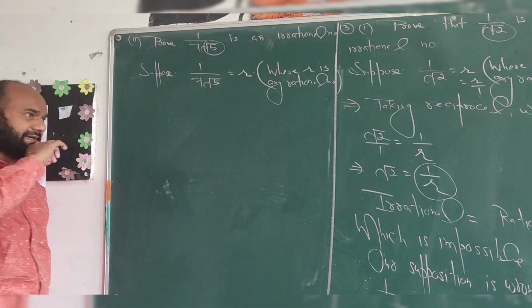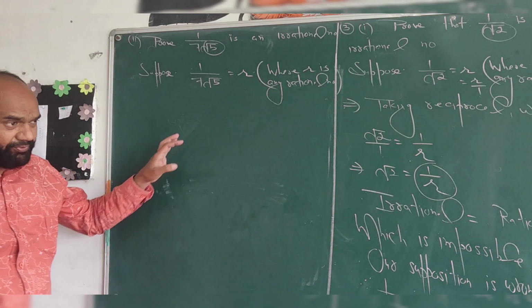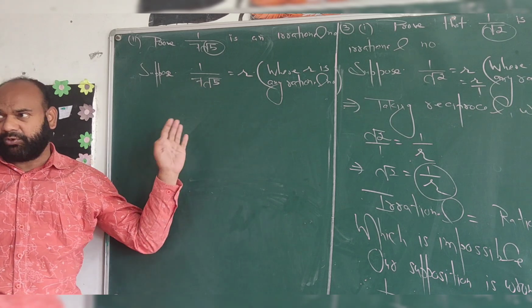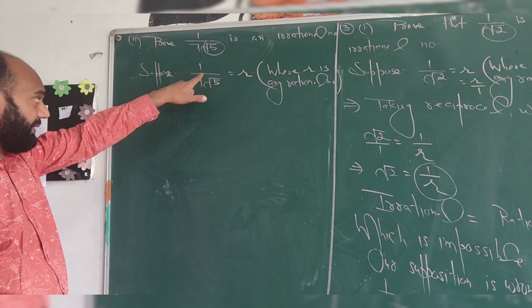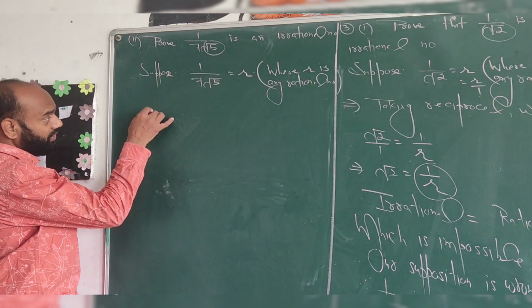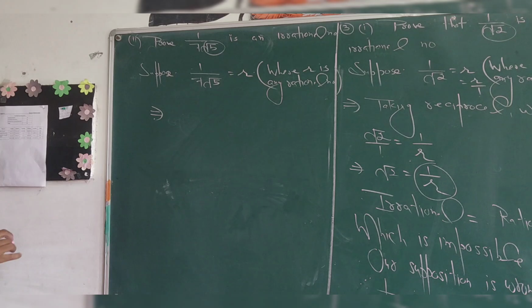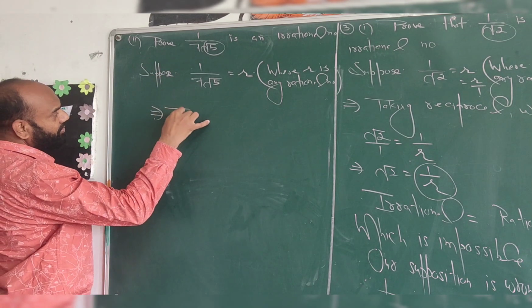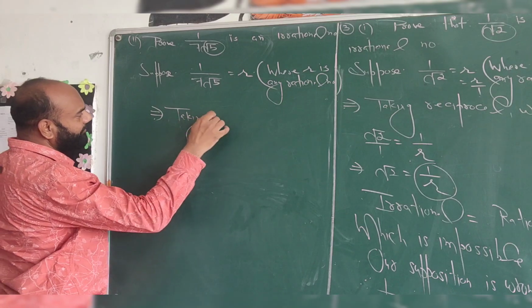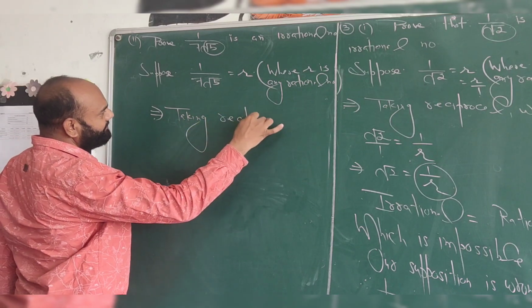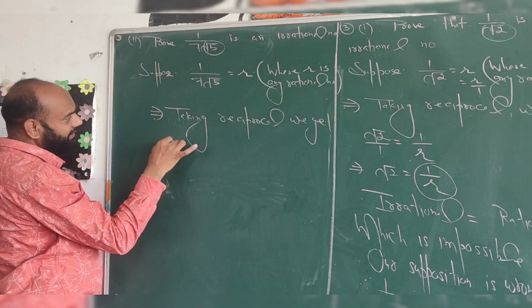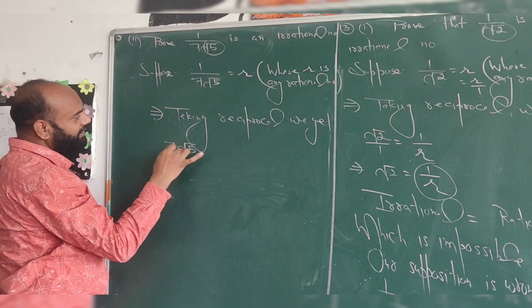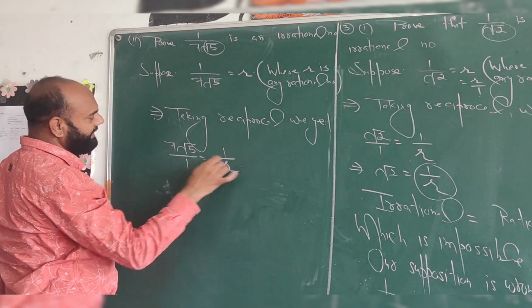Now according to this method, here we find the value of an irrational number of type root 2, root 5, root 3 and so on, and here we are finding the value of root 5. So to find the value of root 5, first of all we take the reciprocal. So by taking reciprocal, we get 7 root 5 upon 1 is equal to 1 by r.